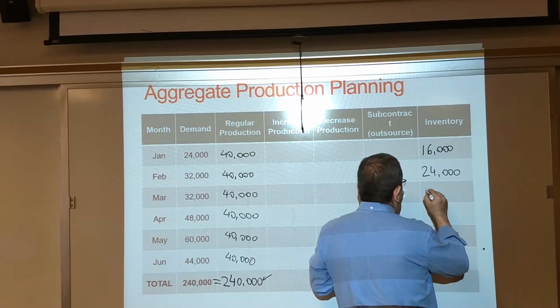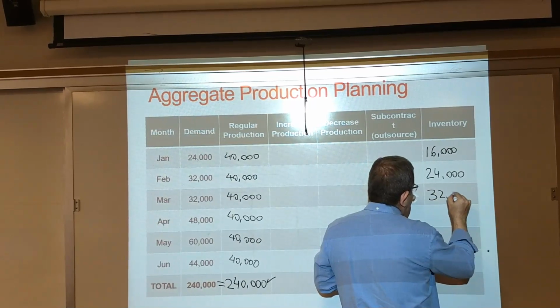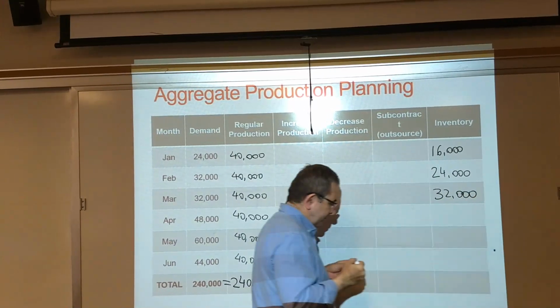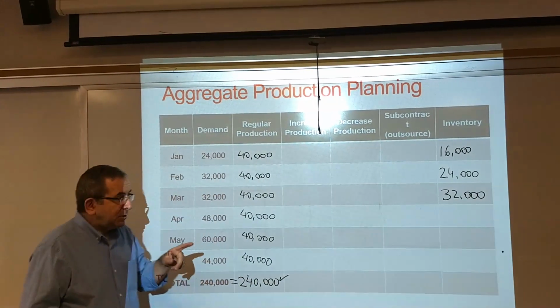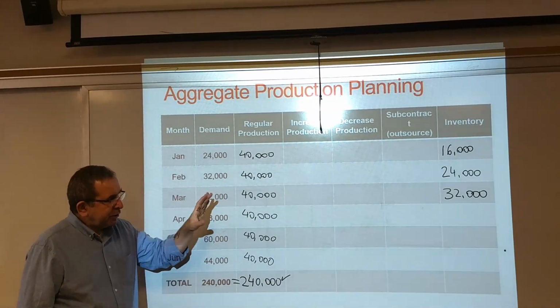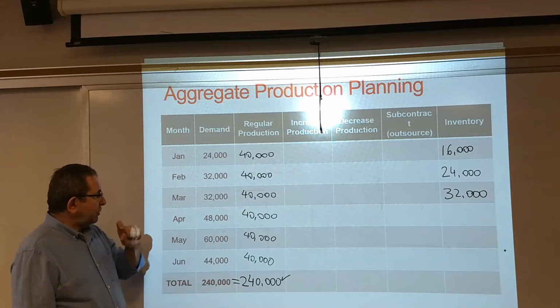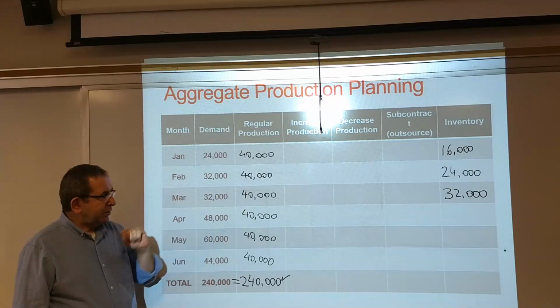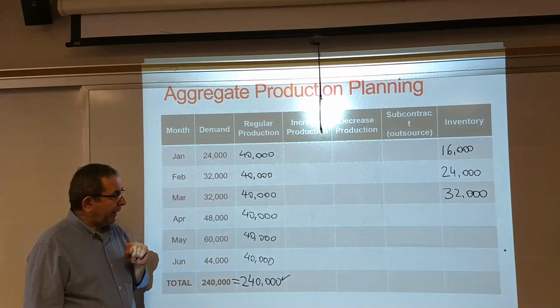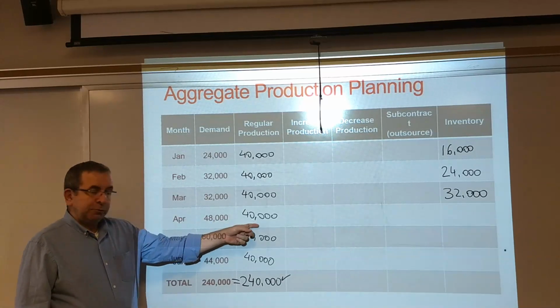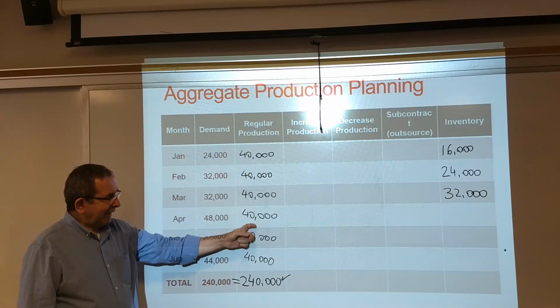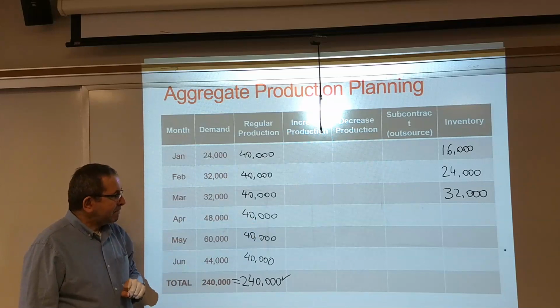So your inventory increases to 32,000. Now you have 32,000 items in your warehouse. You begin April with that much inventory, plus you produce 40,000 items like every month.